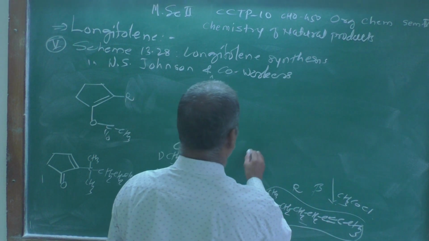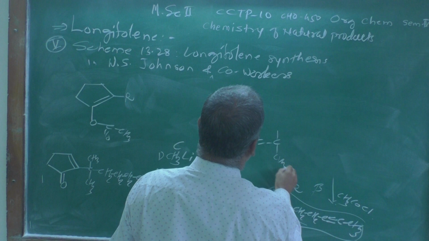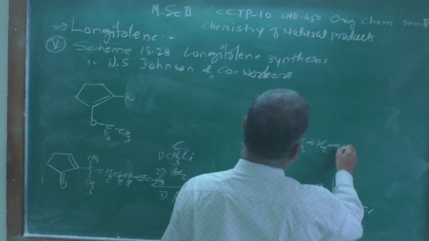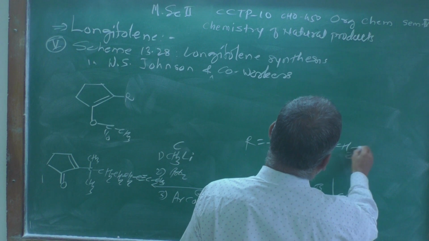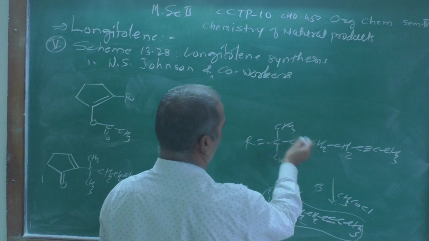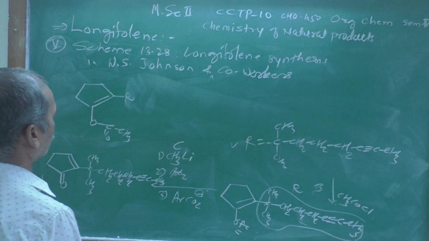This group R is equal to CH3, CH3, CH2, CH2, CH2 and C triple bond C and CH3. This is the R group I have taken over here for the mechanism.